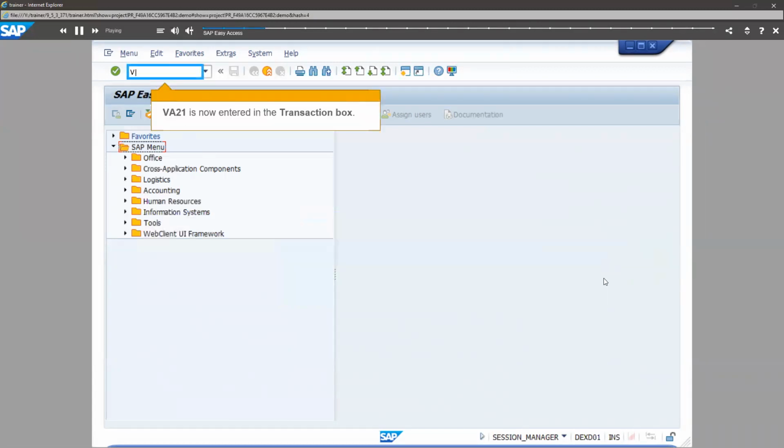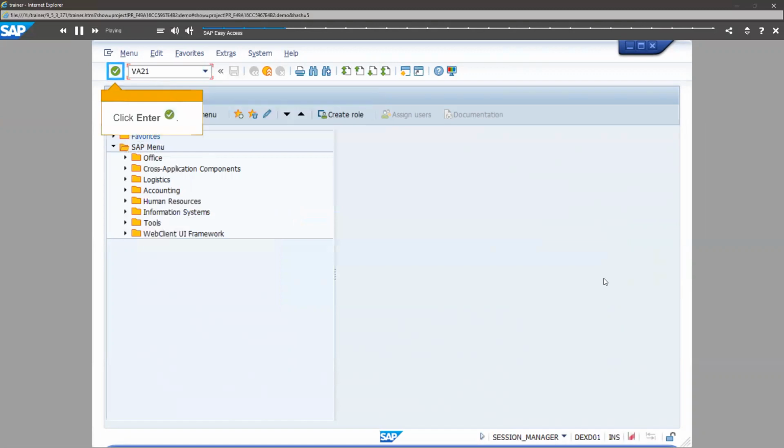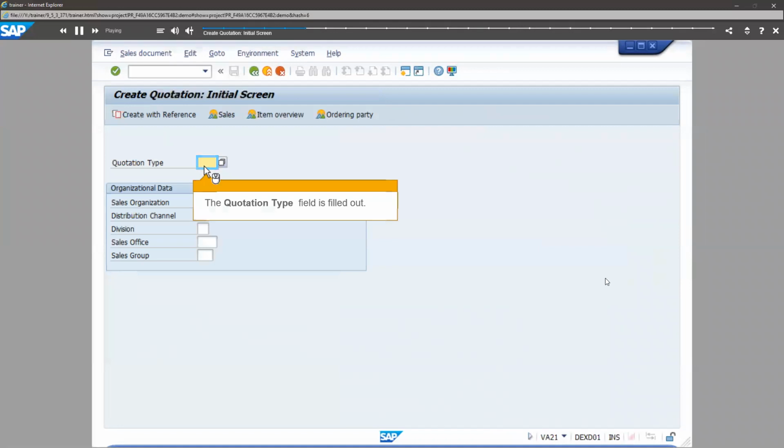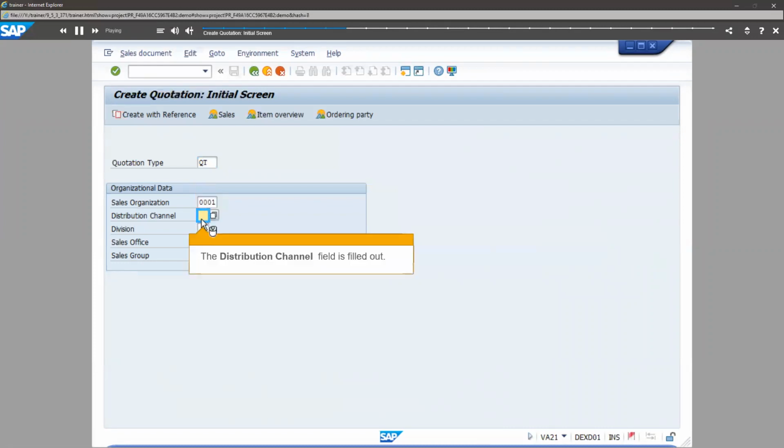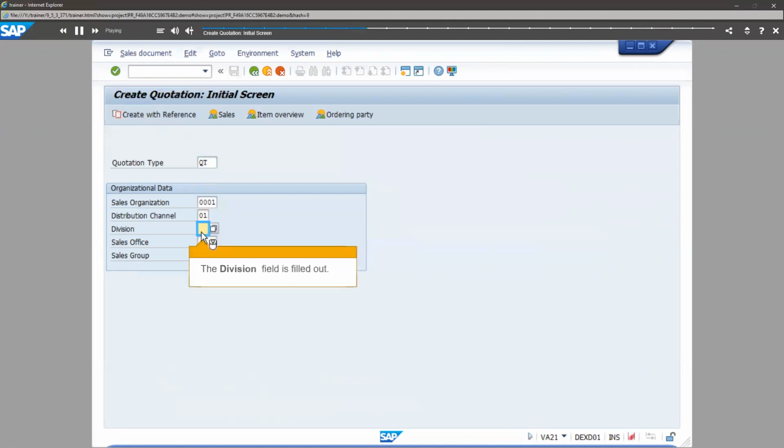VA21 is now entered in the transaction box. Click Enter. The quotation type field is filled out. The sales organization field is filled out. The distribution channel field is filled out. The division field is filled out.